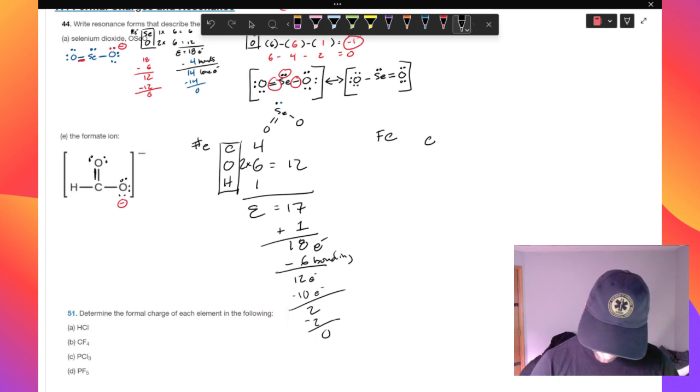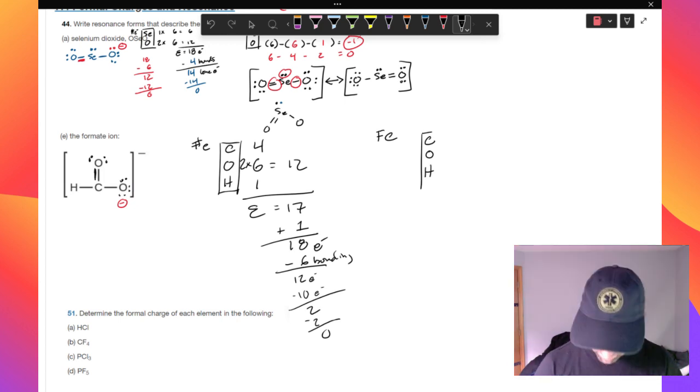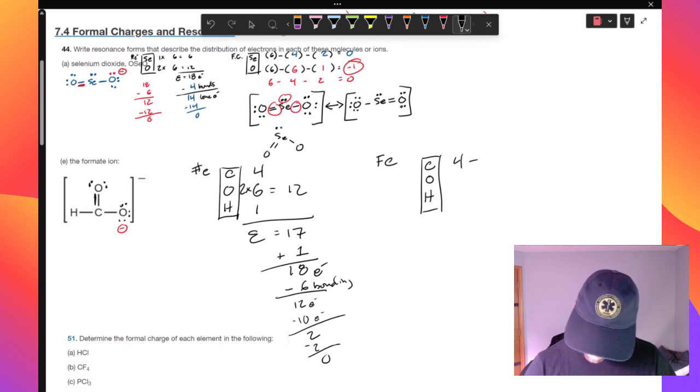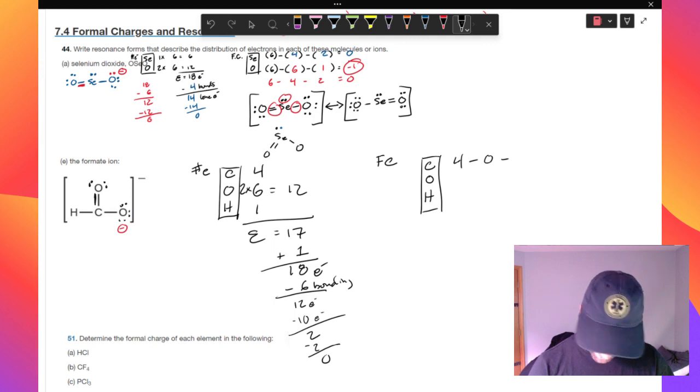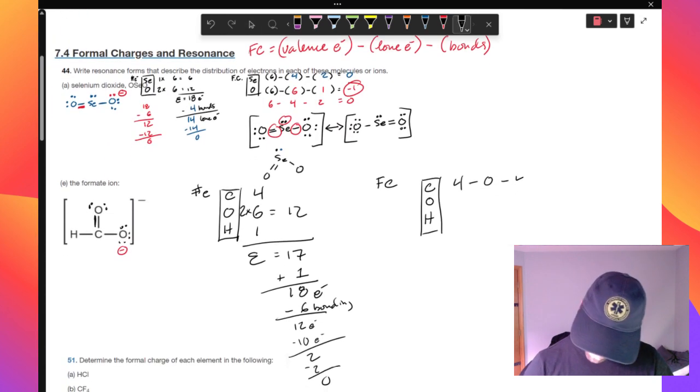Got to check our formal charges. We've got carbon, oxygen, hydrogen. Hydrogen just has the one electron to play with, so that should be pretty easy. Carbon, we start with 4 minus 0 minus, 2, 4, 6, 8. Wait, 4 bonds.